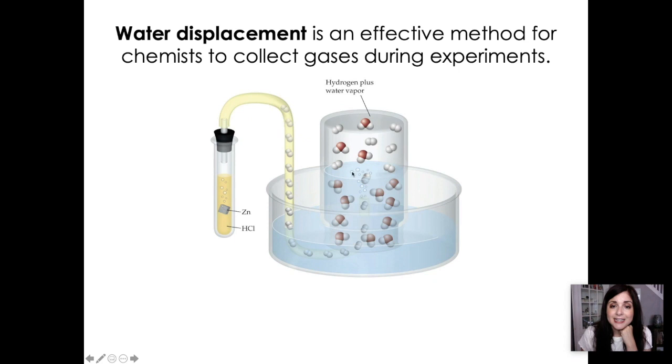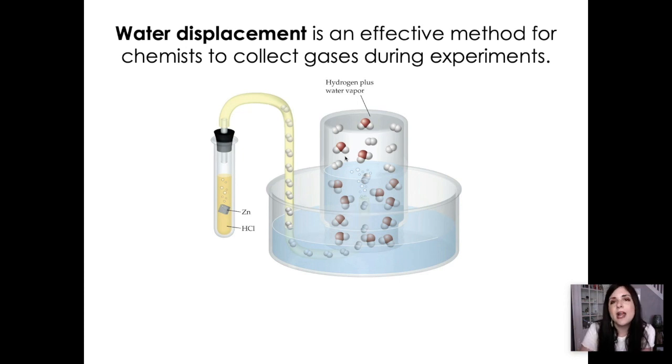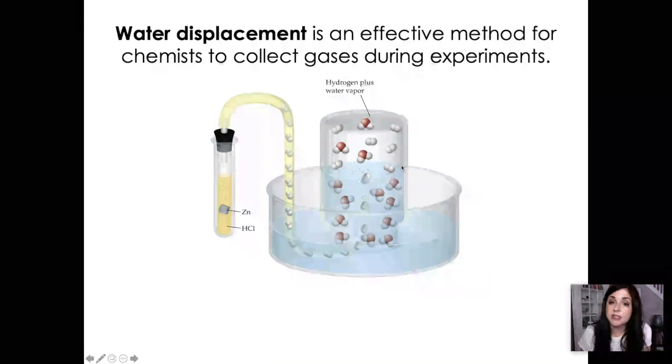So inside this system, when this is happening, you have not only hydrogen molecules that are present within this area, but you also have water molecules because those water molecules are evaporating, right? Because water evaporates even a little bit at room temperature. And when that water evaporates, this water is also exerting some pressure on the inner walls of this container.